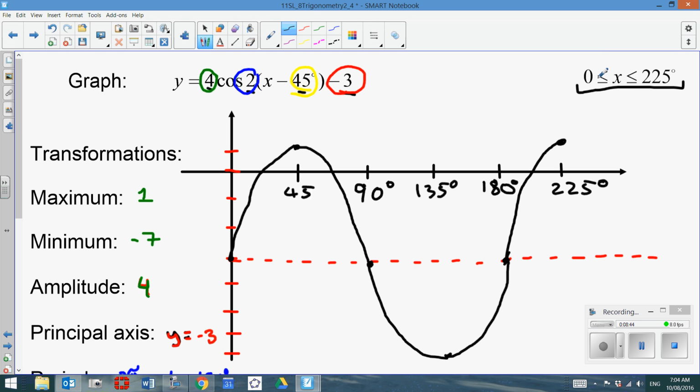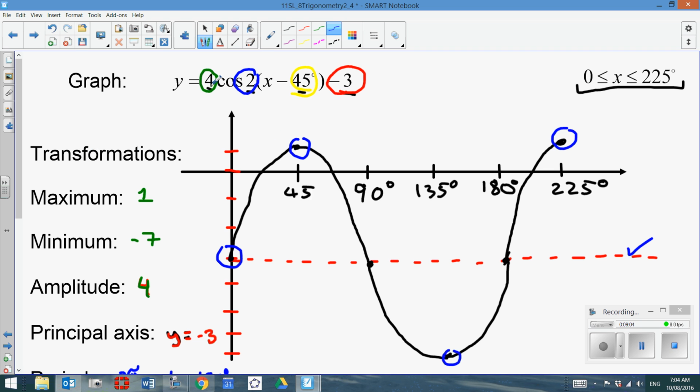I want to make sure I start at the correct location, I end at the correct location, and I hit my correct max and min and have the correct principal axis. That will give you full credit for drawing a very accurate graph.